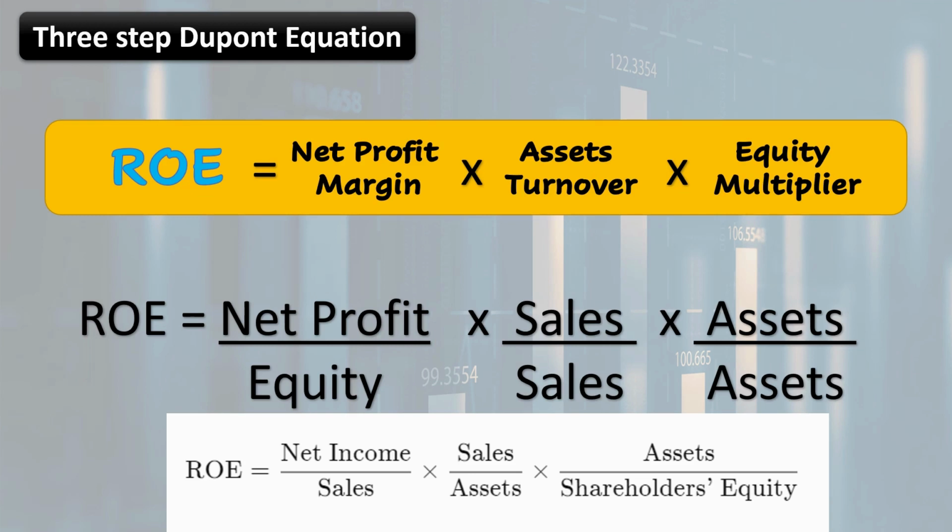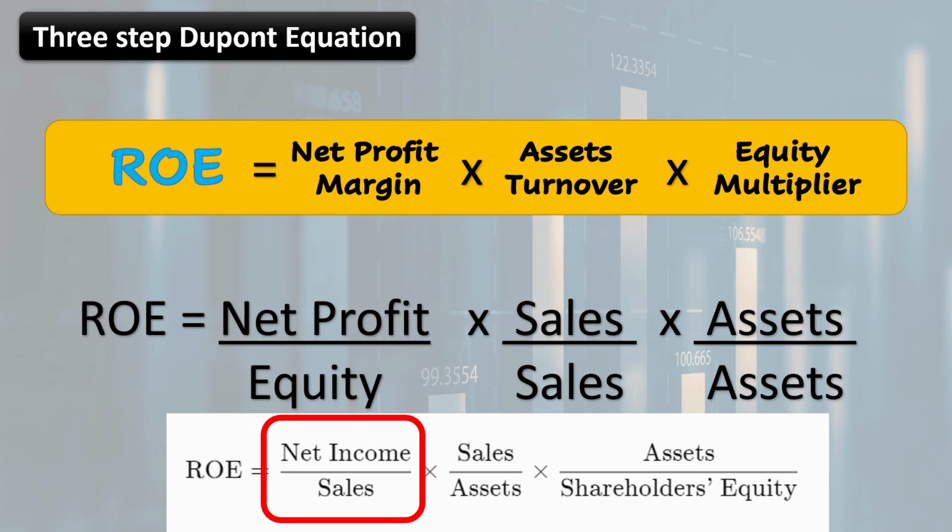As you can see, we have broken the equation of return on equity into three distinct ratios. We will be discussing these three ratio components separately.